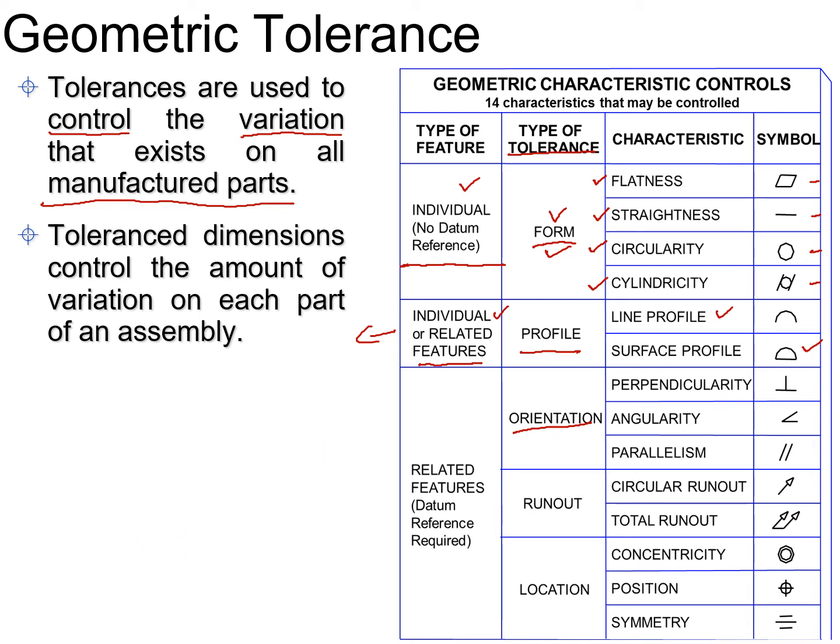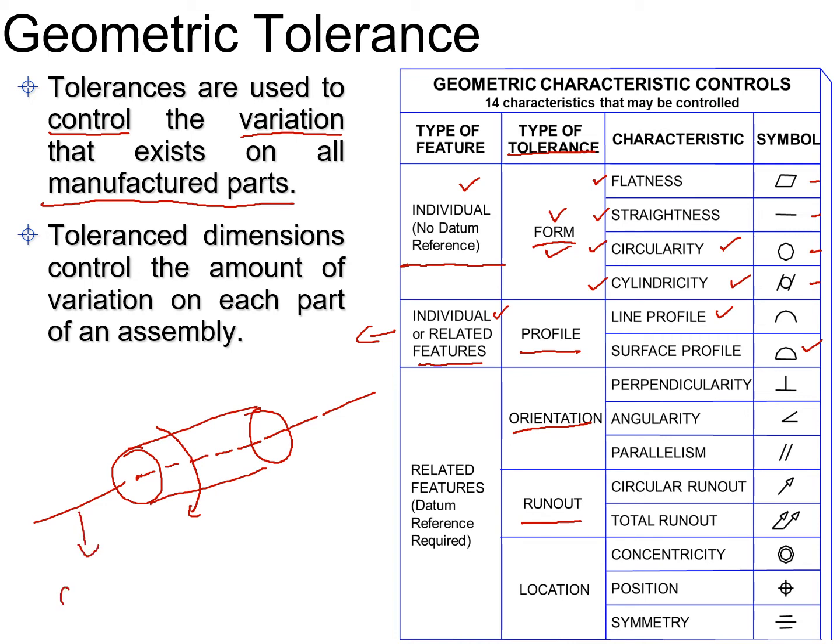Then we have runouts, and runouts are basically circularity and cylindricity when we are talking about, let's say, a cylindrical feature. If we want to check the circularity of this particular cylinder with reference to the central axis that this cylinder will have, so when the reference for circularity is the axis, it is called the circular runout.